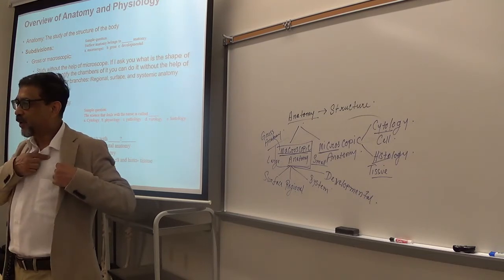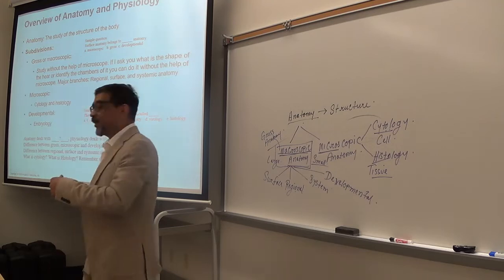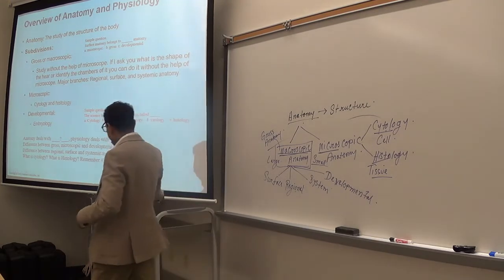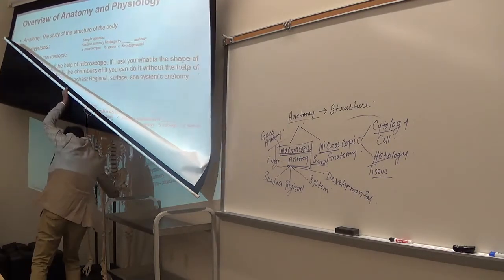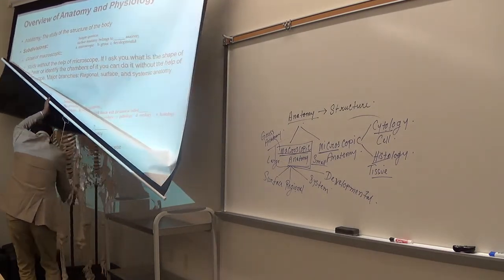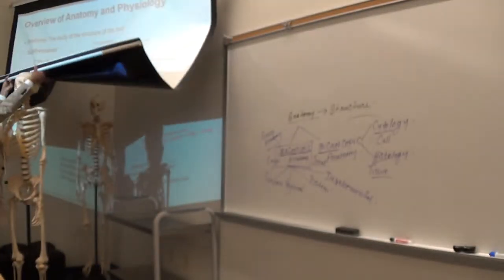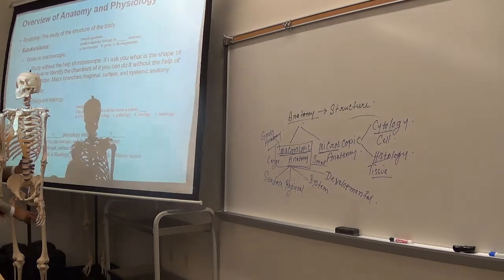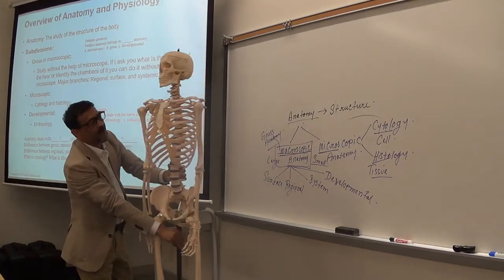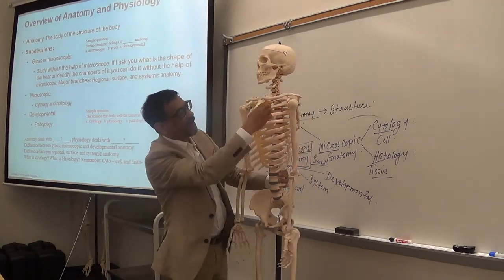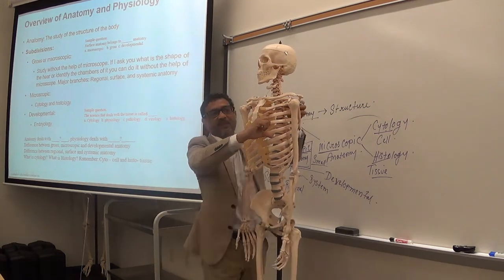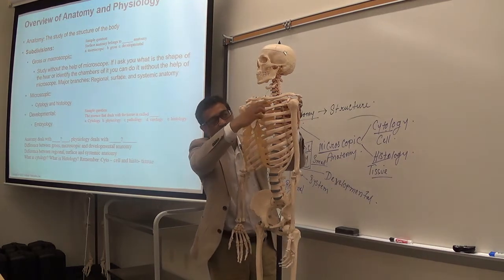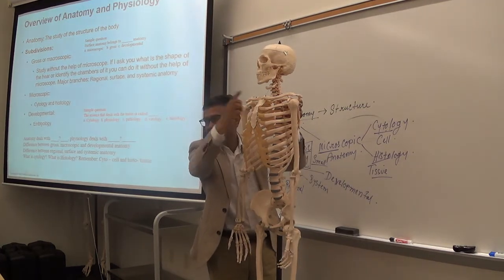And we also know that the heart is located between second and fifth intercostal spaces in the left side, right? Intercostal means in between the ribs.